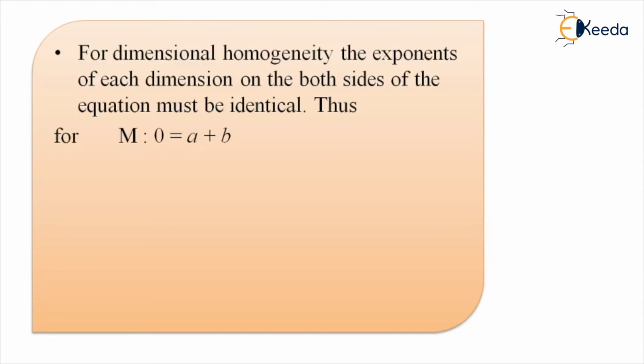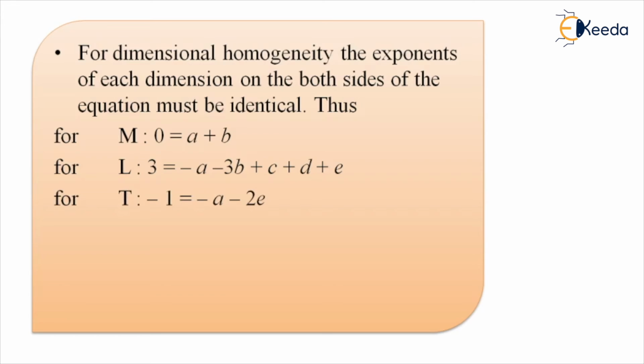For the dimensional homogeneity, the exponents of each dimension on both sides of the equation must be identical. So, by equating the left hand side and right hand side, the quantity of M, L and T, we have for M: 0 is equal to a plus b, for L: 3 is equal to minus a minus 3b plus c plus d plus e, and for T: minus 1 is equal to minus a minus 2e.